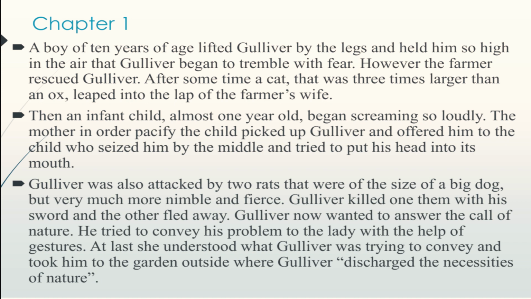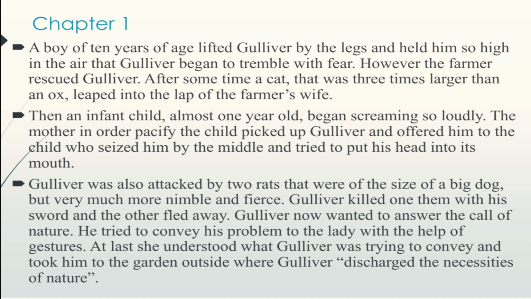After some time, a cat that was 3 times larger than an ox leaped into the lap of the farmer's wife. Then an infant child, almost 1 year old, began screaming so loudly.